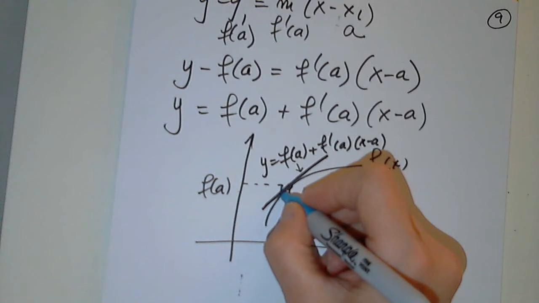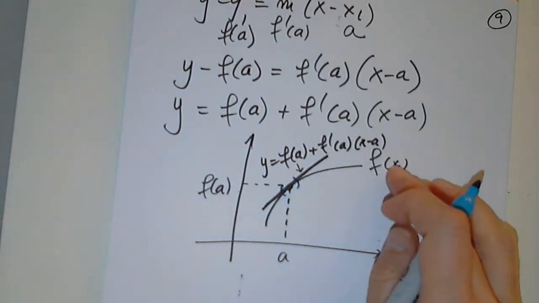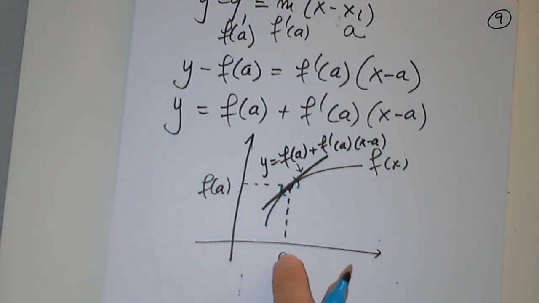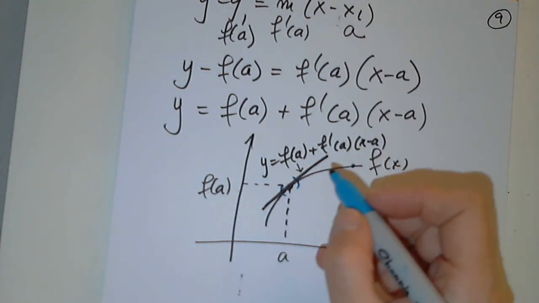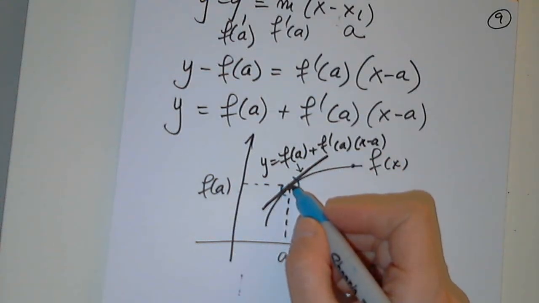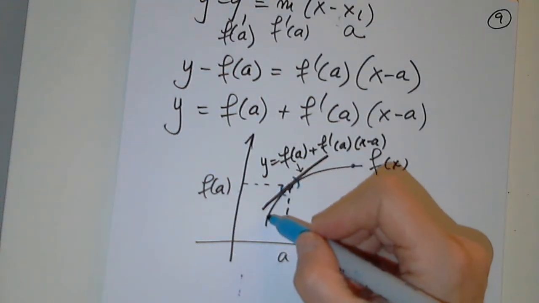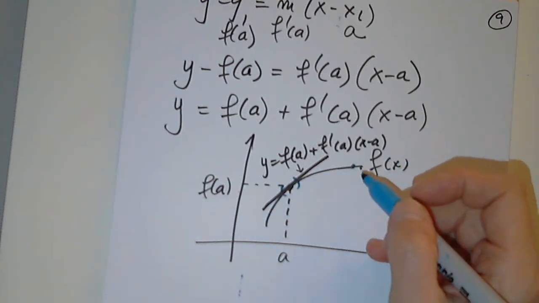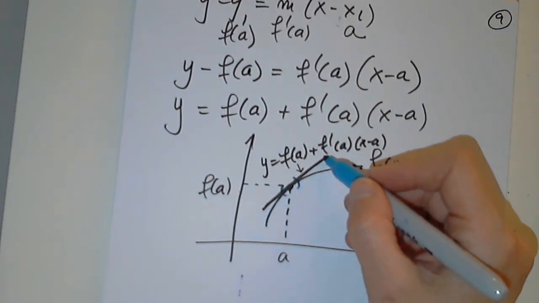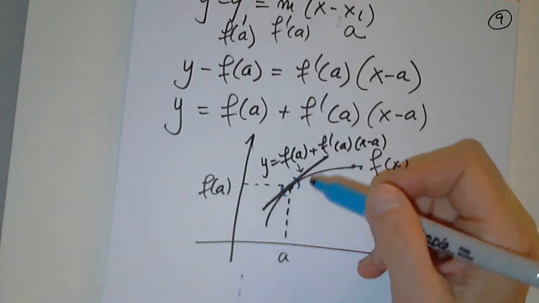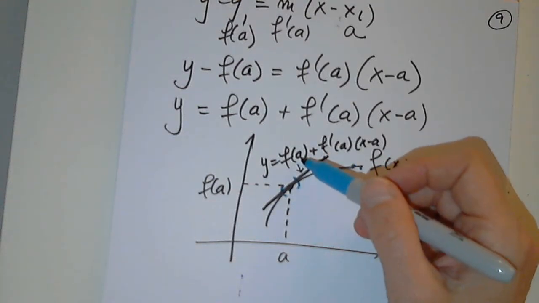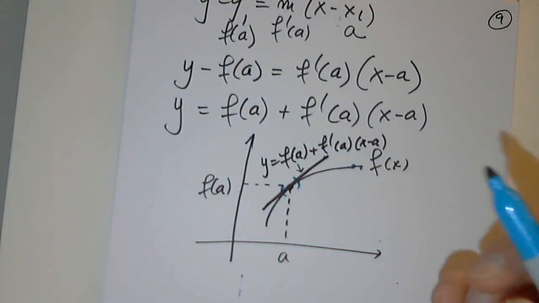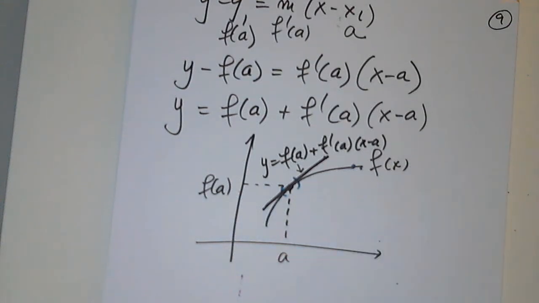So if we are interested in evaluating this function very close to a, not here, but very close to a, it doesn't really matter if you use the function or if you use the equation of the tangent line. Will you have an error if you use the tangent line? Of course. But it's going to be very close, like we just saw, 0.985 versus 0.98511, right?